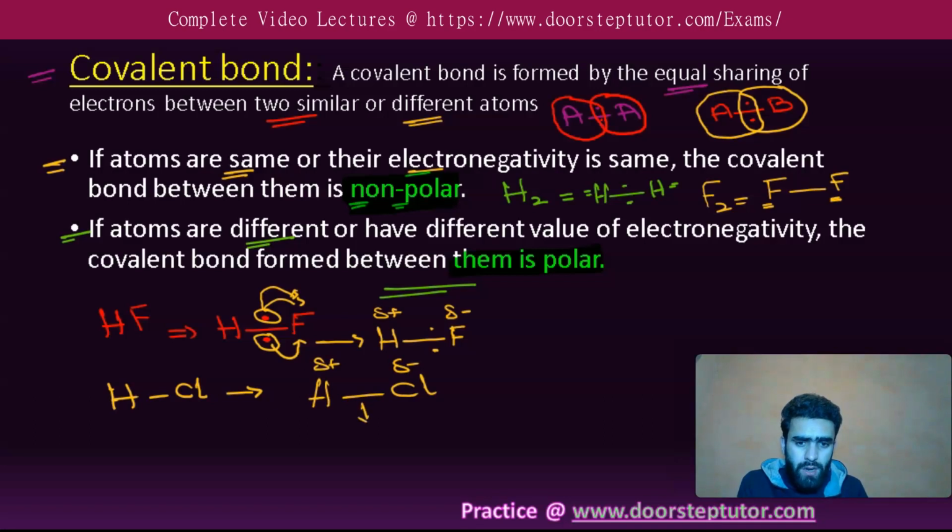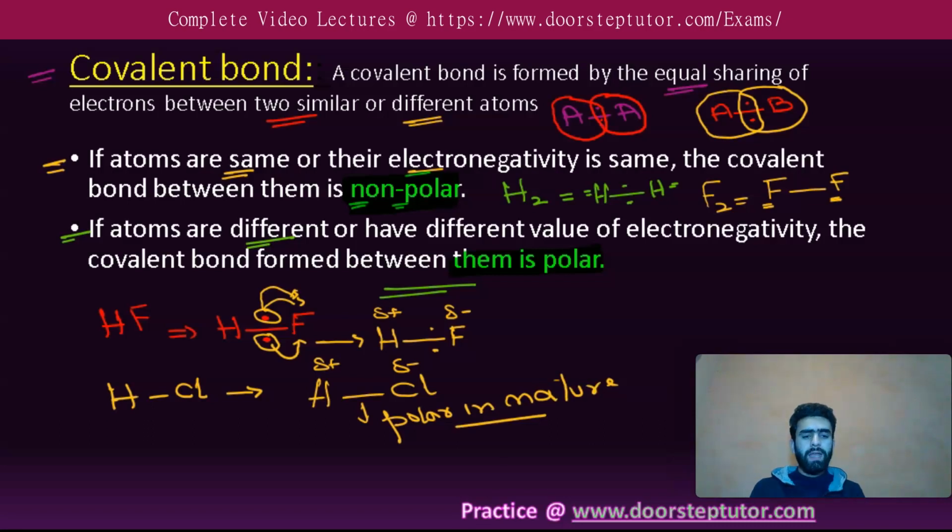So here also this bond becomes polar in nature. So the rule of thumb is that if the two atoms possess different electronegativity values, then the bond formed between them will be polar in nature.